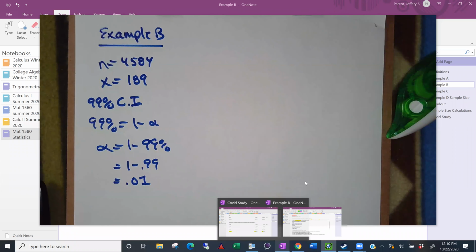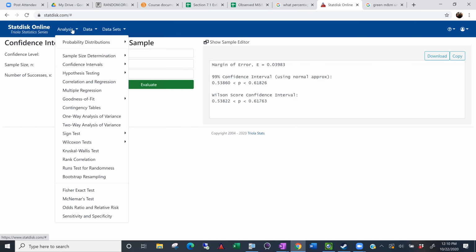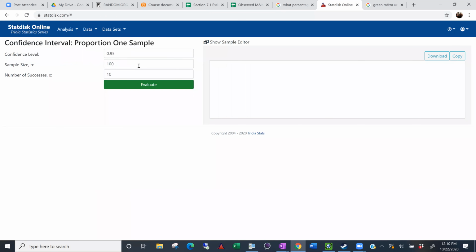So let me go back here to statdisk. Fortunately, we're already here. Just as a quick reminder, you get here by going underneath the analysis tab, confidence intervals, and then you want proportion, one sample. So the default is a 95% confidence interval. We want a 99% confidence interval.